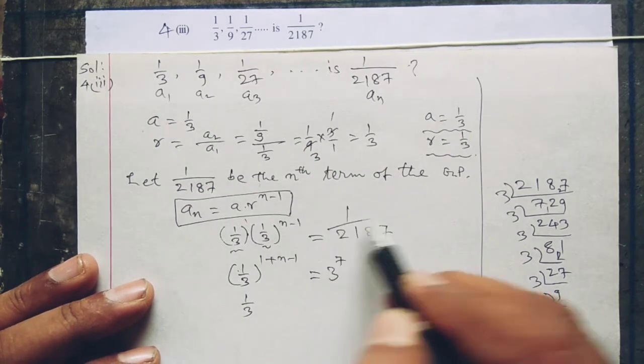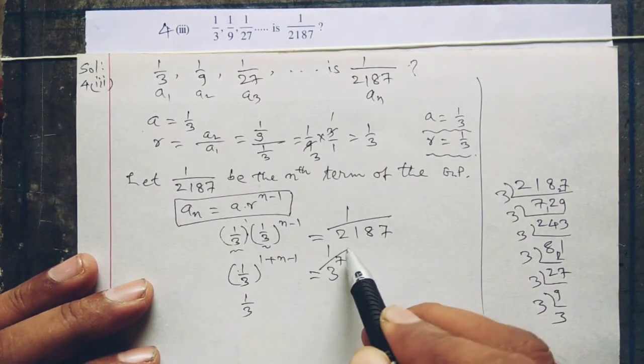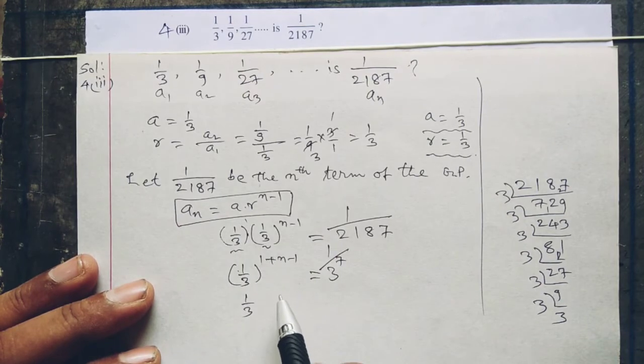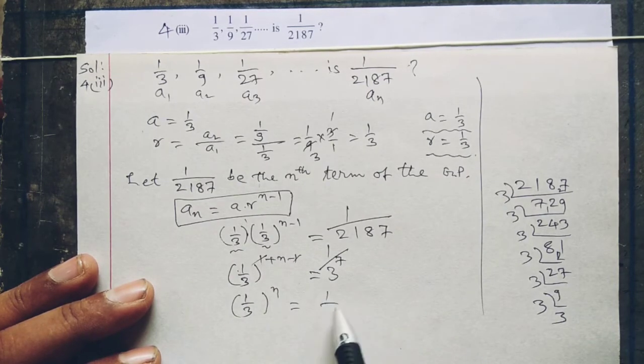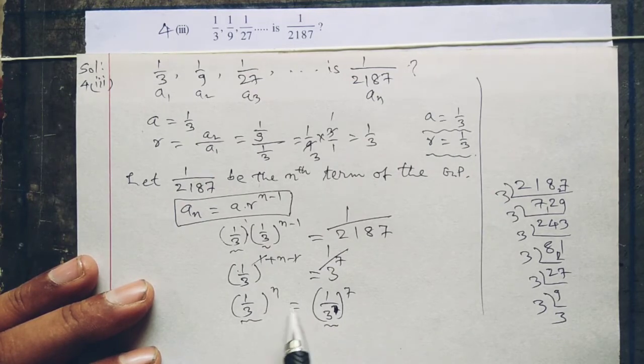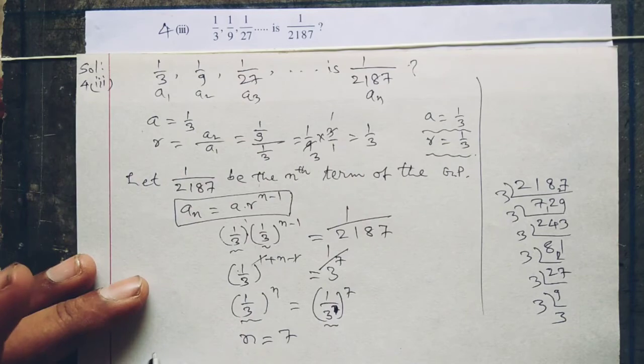So this is 1 by 3, whole to the power of n, since 1 plus n minus 1, the 1 and minus 1 cancel. So this is 1 by 3 to the power of 7. Here bases are equal, so exponents are also equal. n is equal to 7.